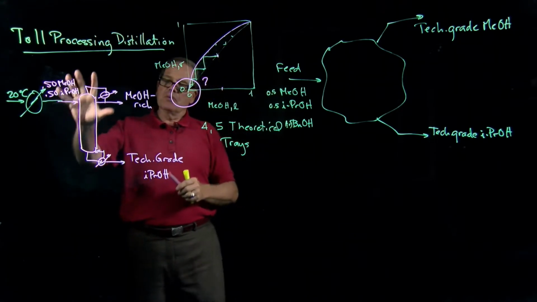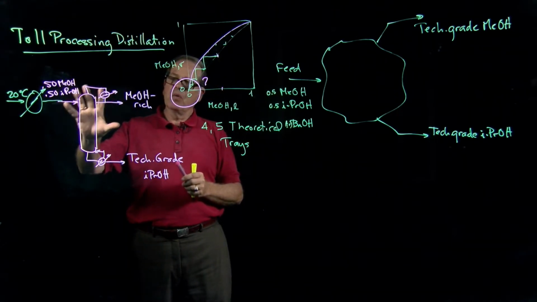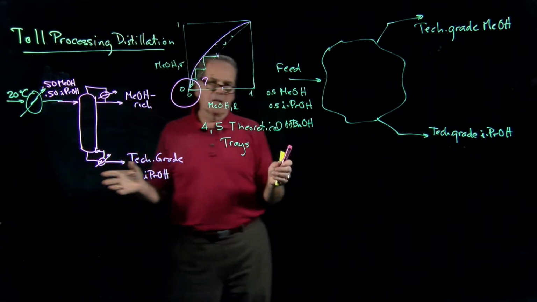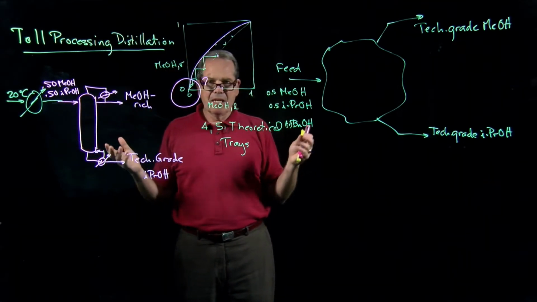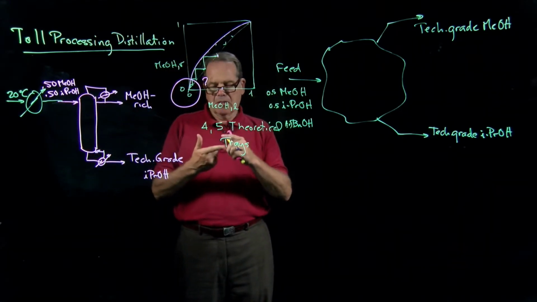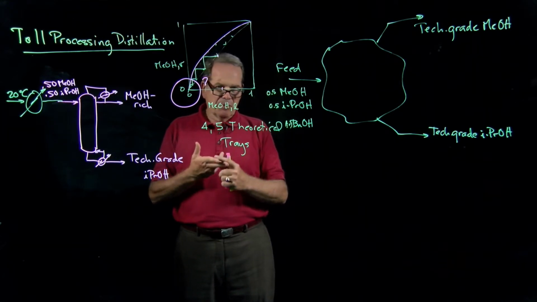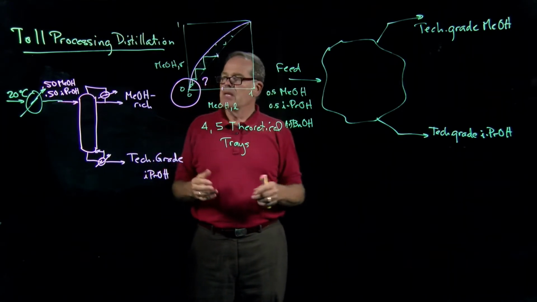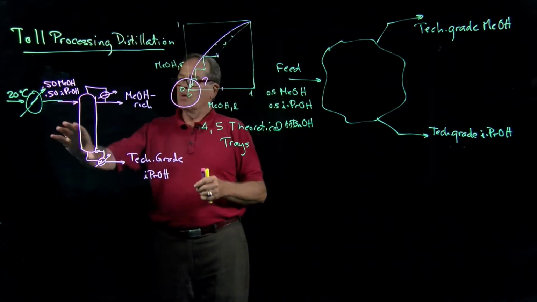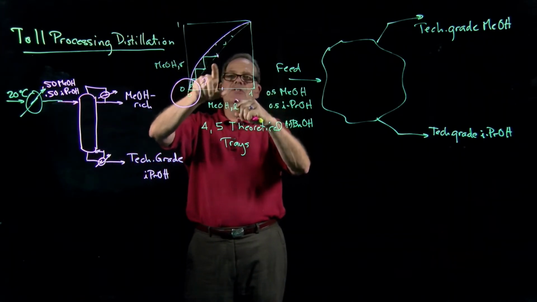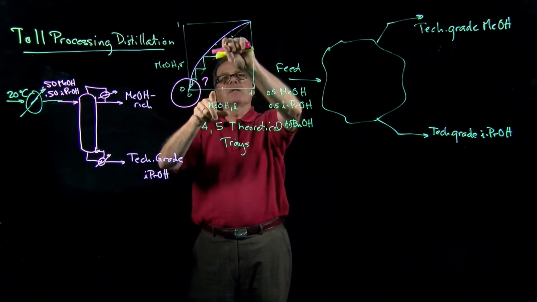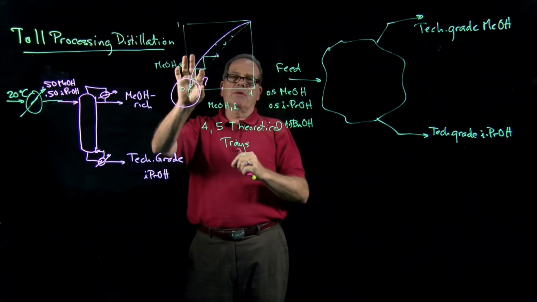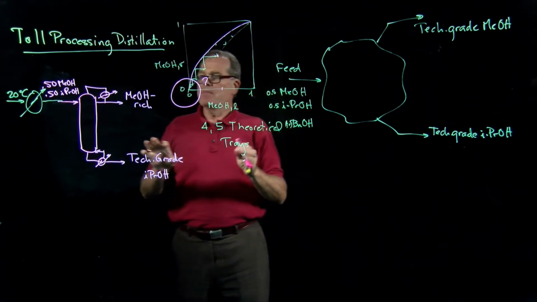Now this also affects how we do any sizing for the column. Normally we would use Fenske, Underwood, Gilliland to look at the minimum reflux and the minimum number of trays, et cetera, et cetera, et cetera. That works the best when I'm feeding someplace in the middle and I'm expecting a good top product and a good bottom product. In this particular case, I'm not going to do that.